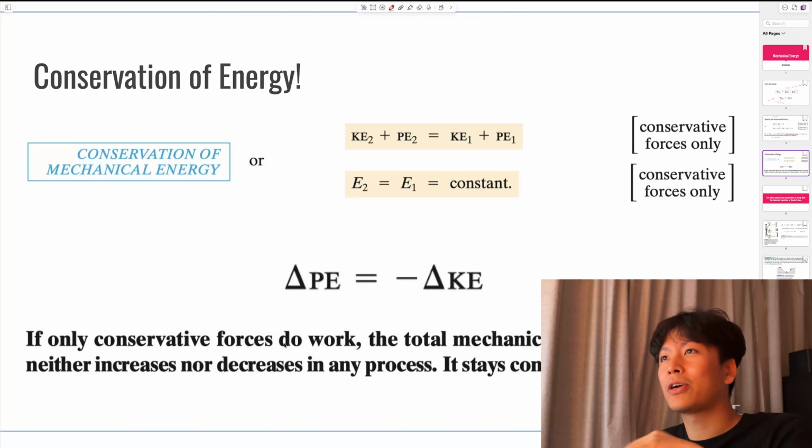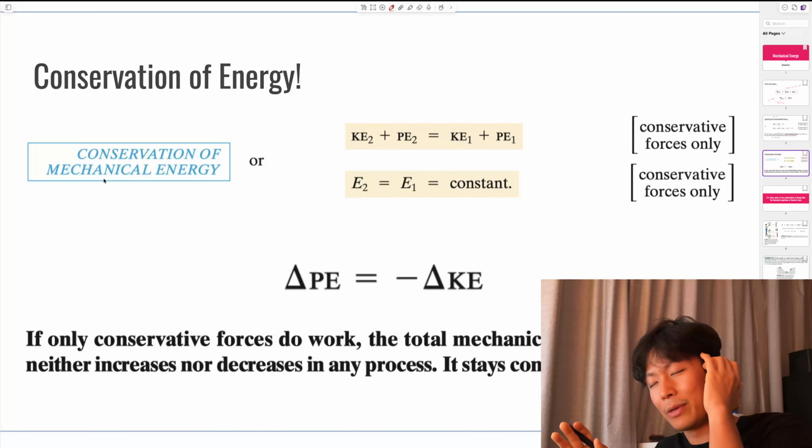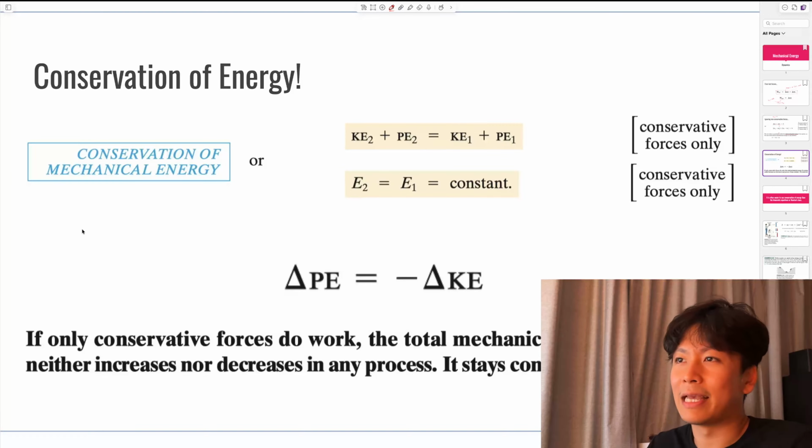So when only conservative forces act, ignoring all non-conservative forces, the mechanical energy of a system is conserved. I'm using system here very loosely, and we will explore more what I mean by system in module 3. But essentially, think of a system as like an isolated box.